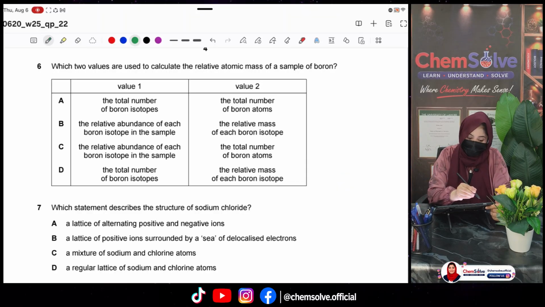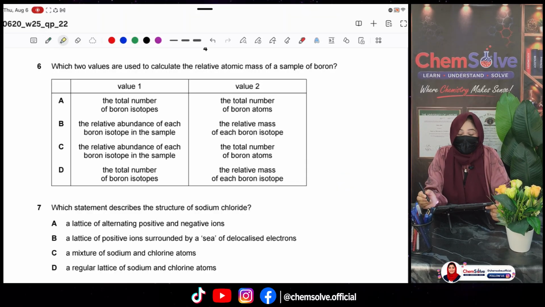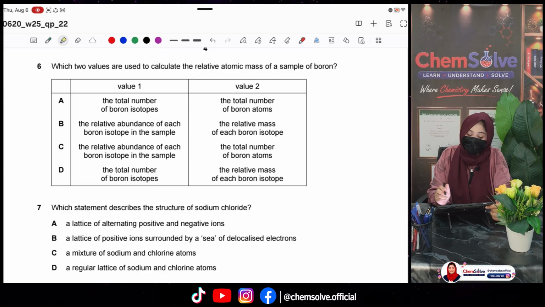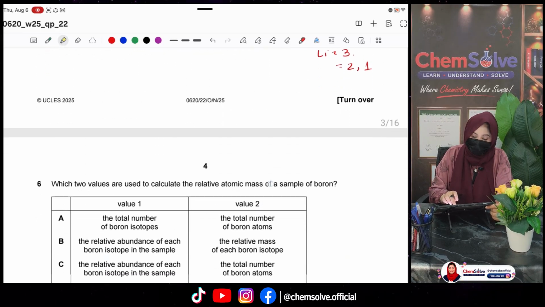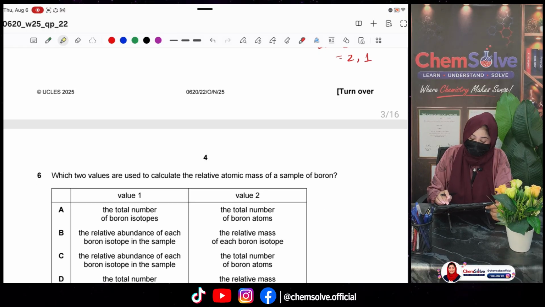Now look at question number 6. Which two values are used to calculate the relative atomic mass of a sample of boron? So what is the formula for calculating the relative atomic mass?